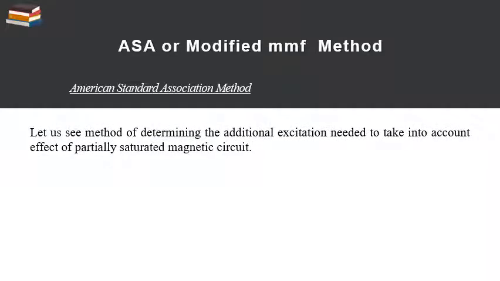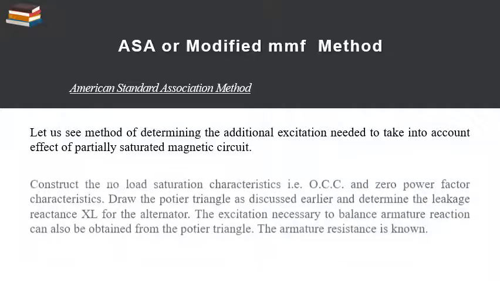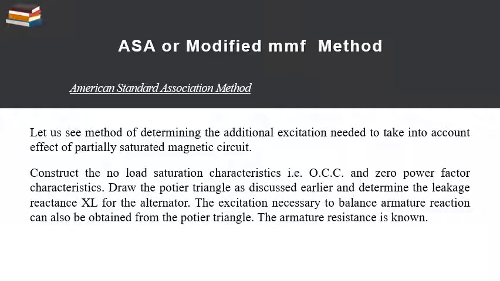Let us see the method of determining the additional excitation needed to take into account the effect of partially saturated magnetic circuit. Consider the no load saturation characteristics, that is open circuit characteristics, and zero power factor characteristics. Draw the Potier triangle as discussed earlier and determine the leakage reactance XL for the alternator.